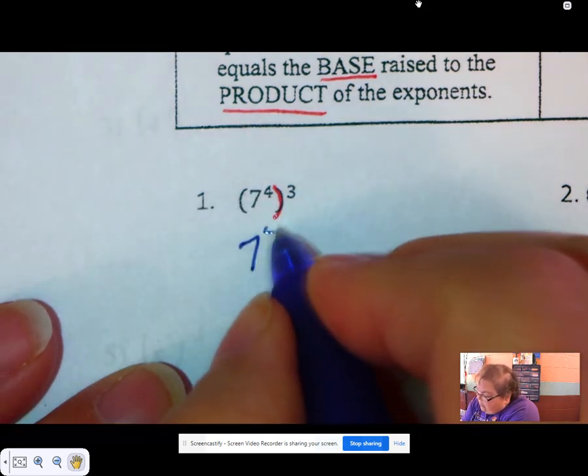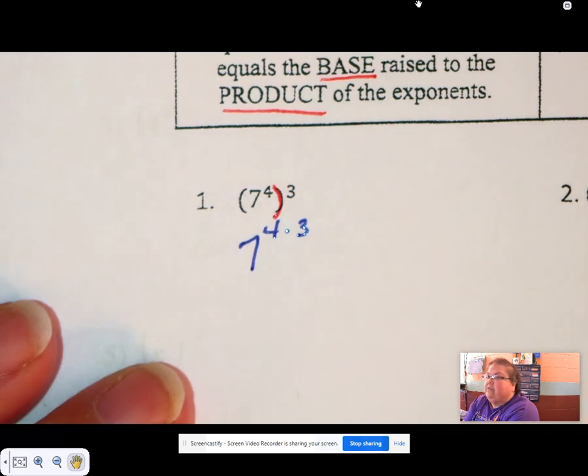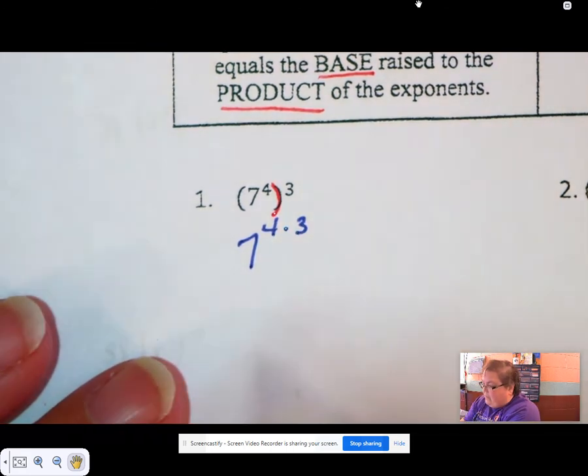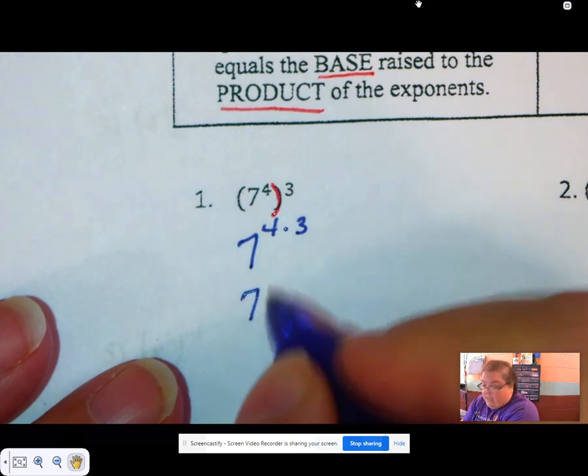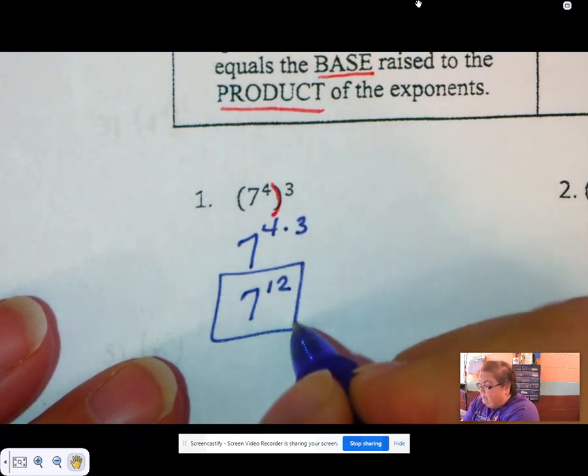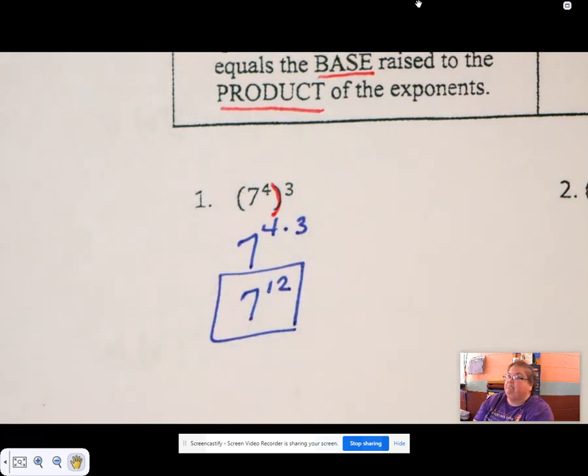Multiplication. 4 times 3. What do we get? Yes, thank you. 7 to the 12th power. And that's our final answer. That's all we're doing: multiplying the exponents, and then dealing with what we have to from there.